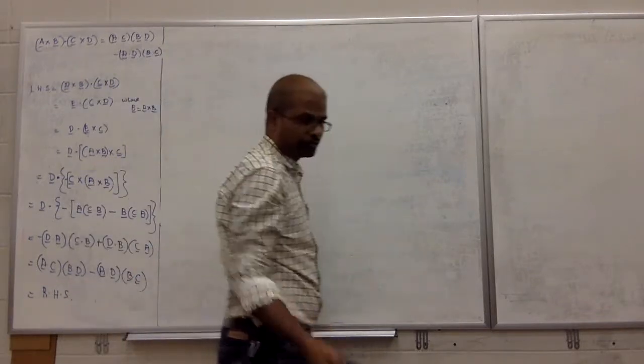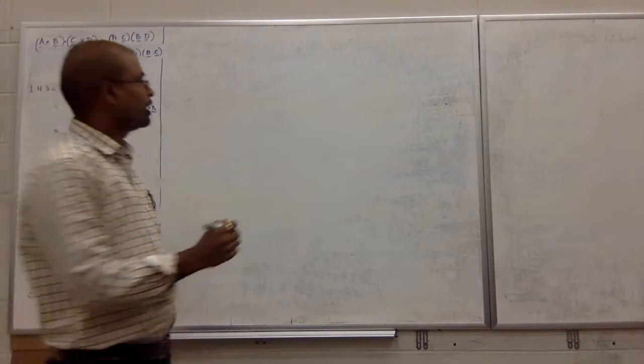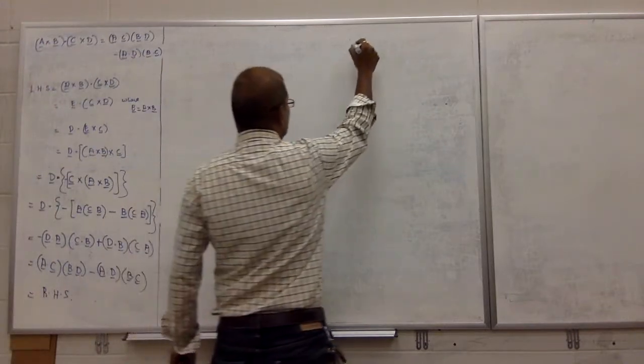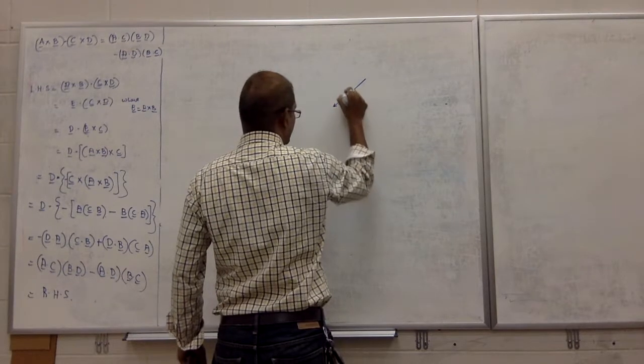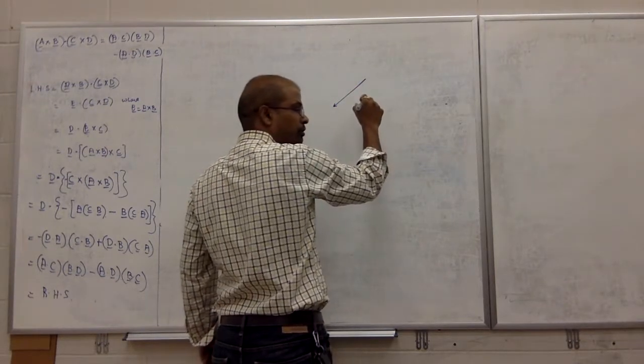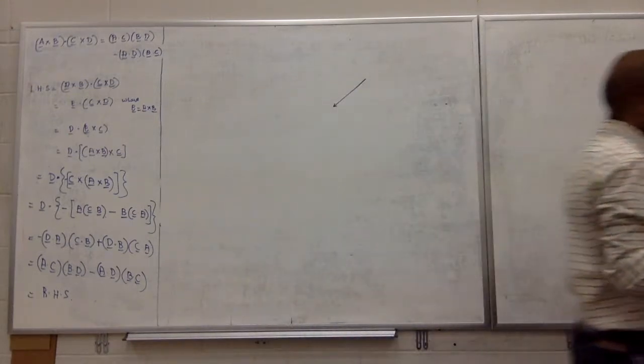So you have 3 vectors, right? A is this way, B is this way, C is up.